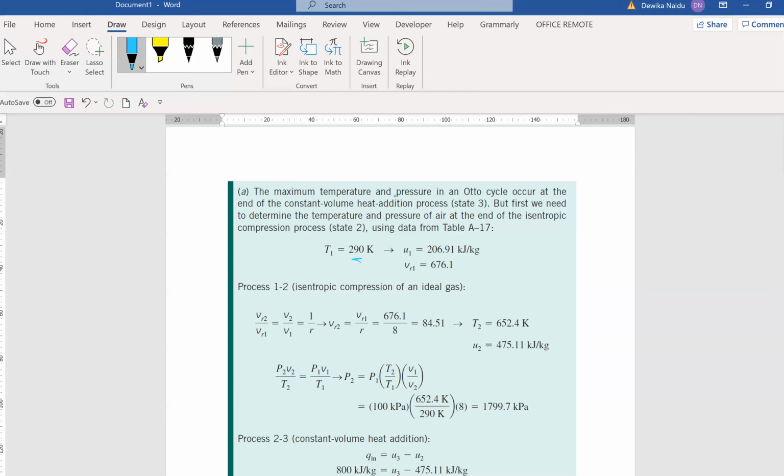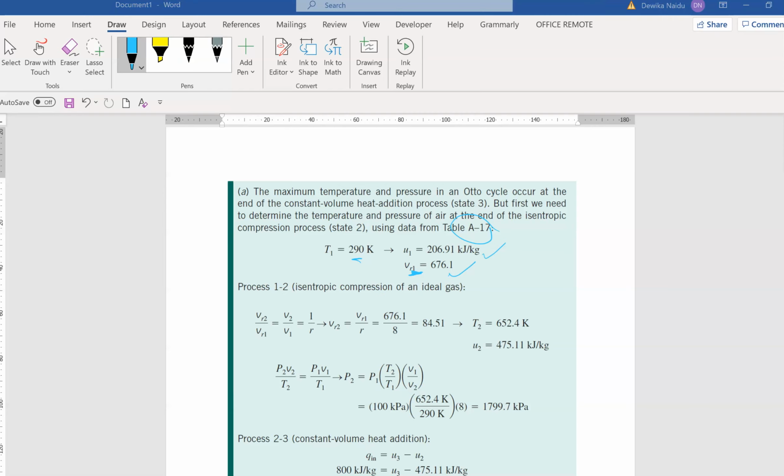Then you go to table A17 and look up for U1 and VR1. Remember, this is VR1, a bit different from the normal V. Table A17 is a bit unique.